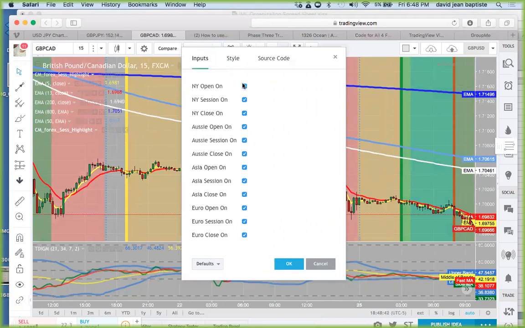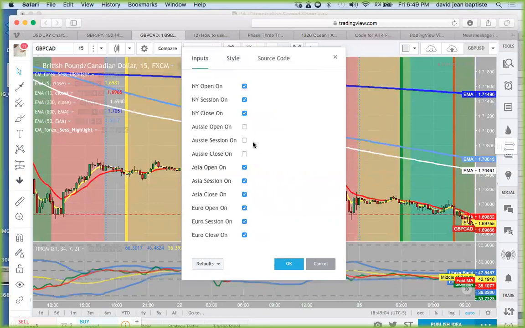On the input, you're going to take out the Aussie because we don't trade in Aussie. The reason you want to take out the Aussie is that it's going to overlap the New York session and the Asian session, and there's going to be too many colors, and it's just going to be a whole lot of distraction. So you want to minimize your distraction as much as you can.